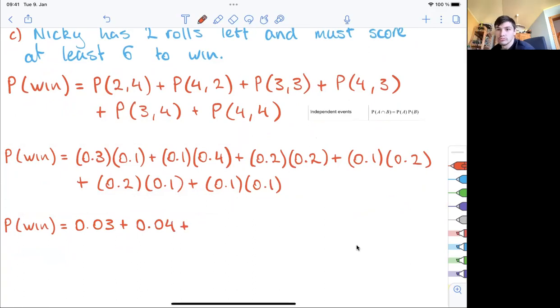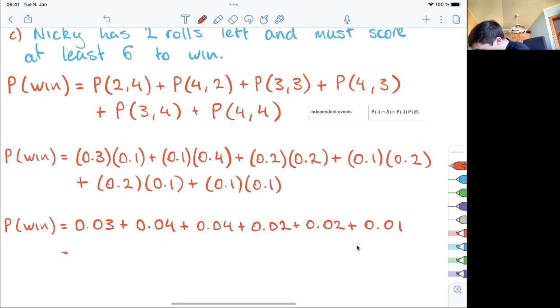So 0.2 squared, or 0.2 times 0.2, will be 0.04 as well. 0.1 times 0.2 will be 0.02. And yeah, that's repeated for the next one as well. 0.2 times 0.1, so 0.02. And then 0.1 times 0.1 is 0.01.